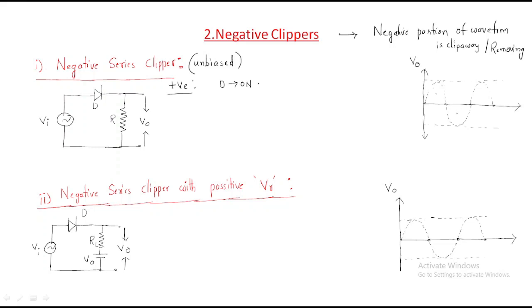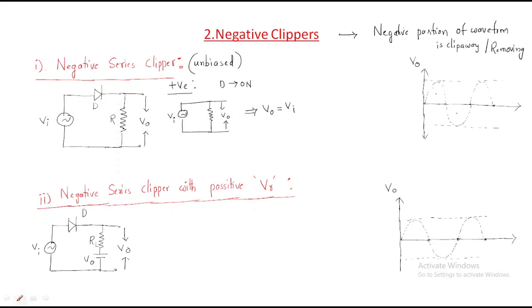Diode on means the circuit becomes like this. This is the resistor, this is the input voltage and this is the output voltage. So the total input voltage will be available at the output, that is, output equals input.